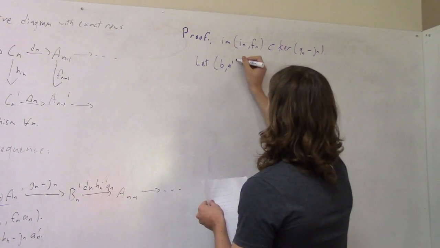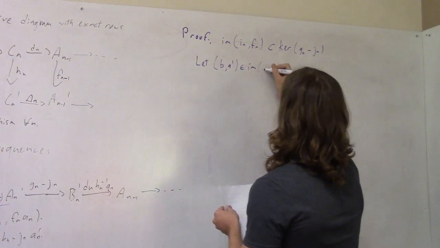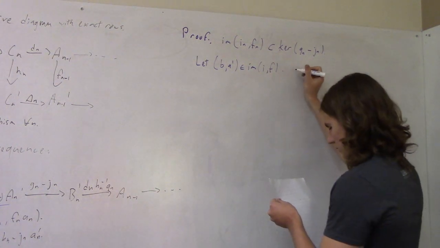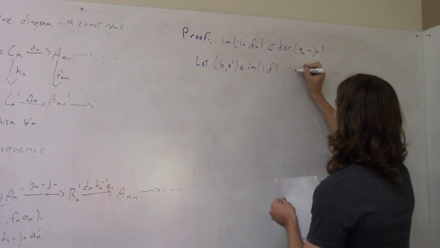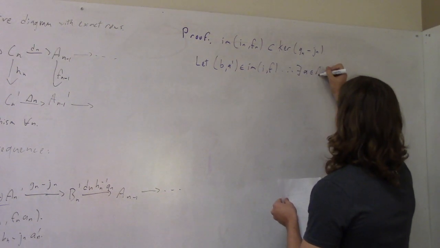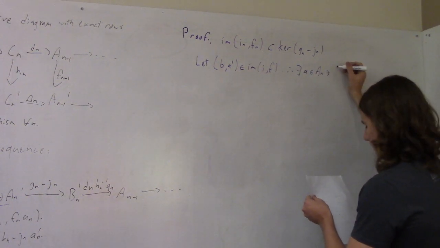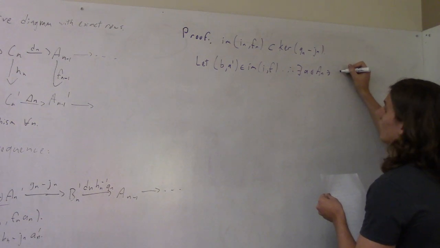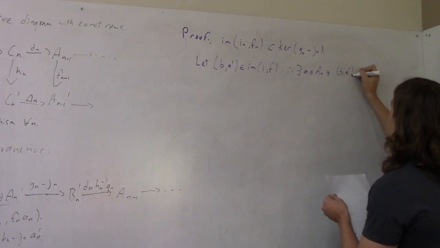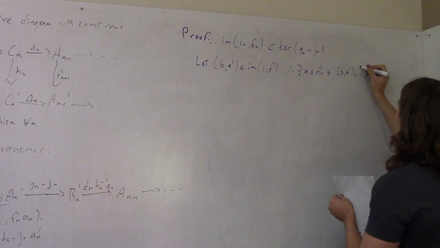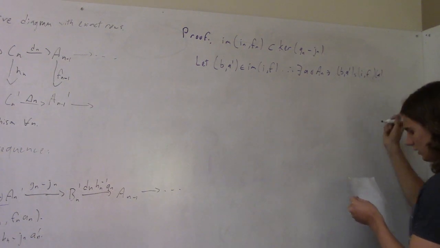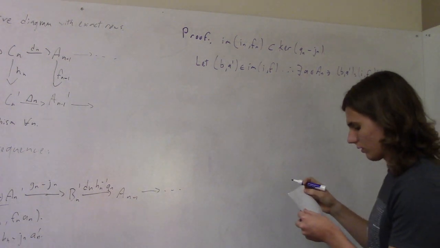Let B prime be an element of the image of IF. Okay. That means there exists an element A of A such that B prime is equal to IF of A. Okay, we good there? That's just definition.